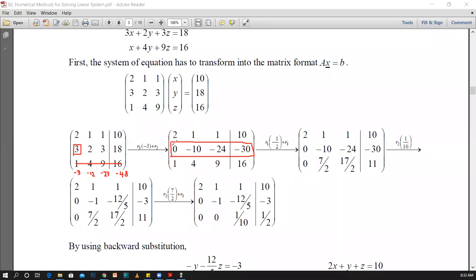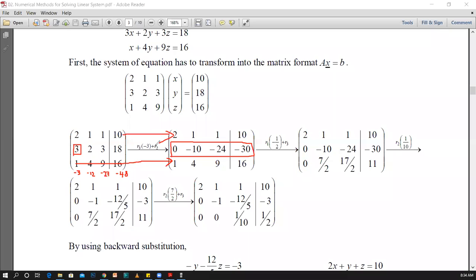Now you have made the change for the second row, and you have to keep the first row as it is, as well as the third row as it is. You are not going to use these new values for the third row, because you just multiplied the third row and added it into row number 2.